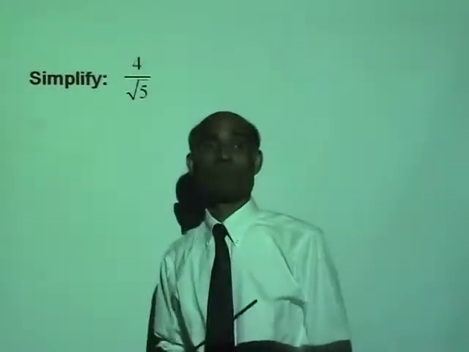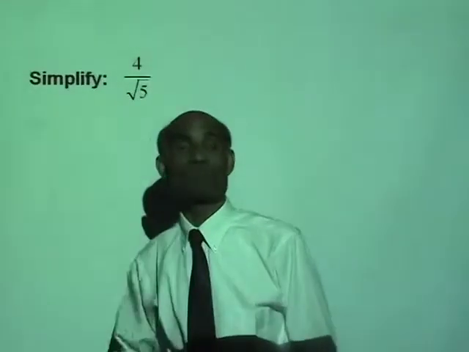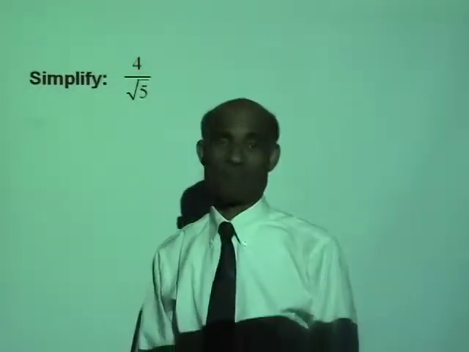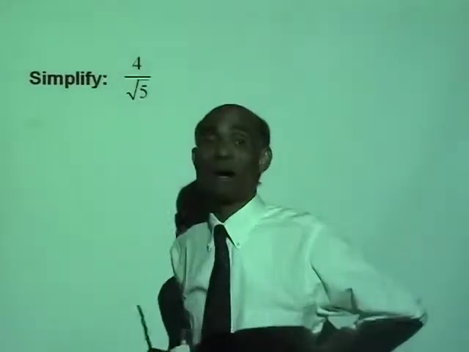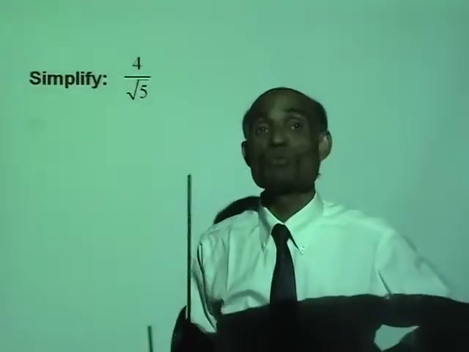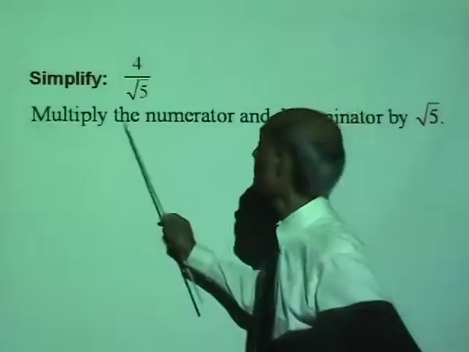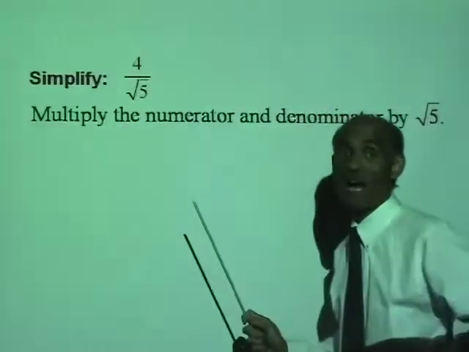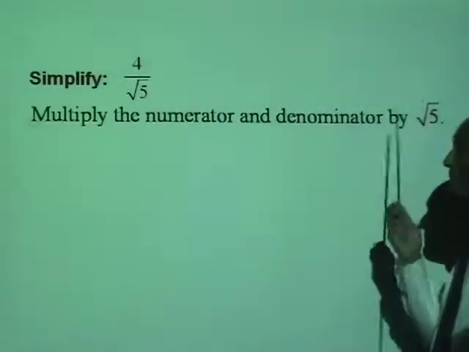Another one. Simplify 4 divided by square root 5. I'm sure you can do that now on your own. 4 divided by square root 5. What do we do to rationalize the denominator? Multiply the numerator and denominator by square root 5.